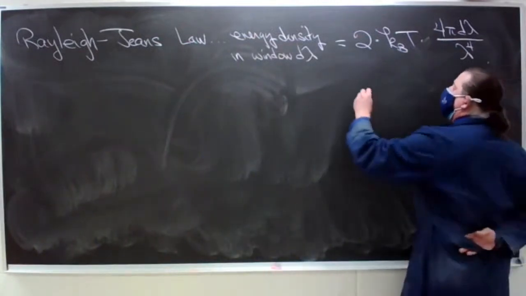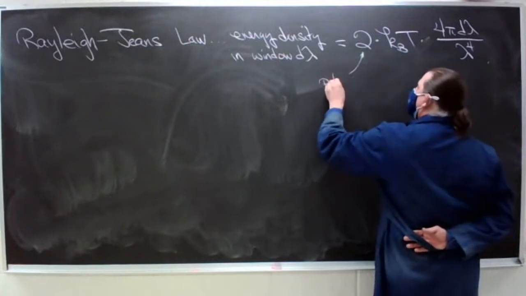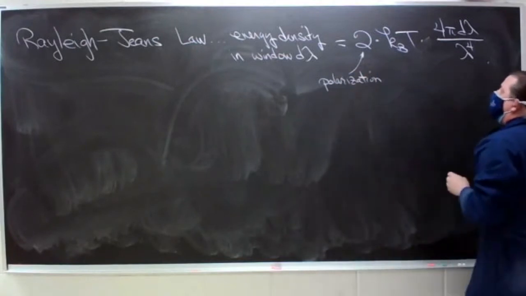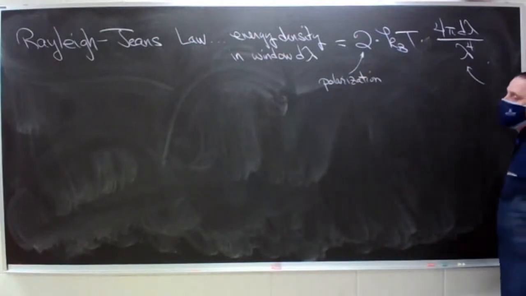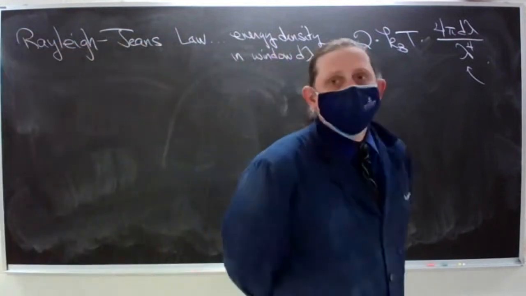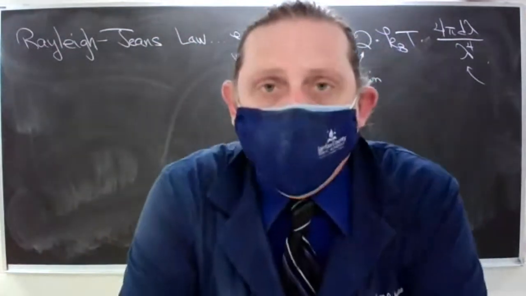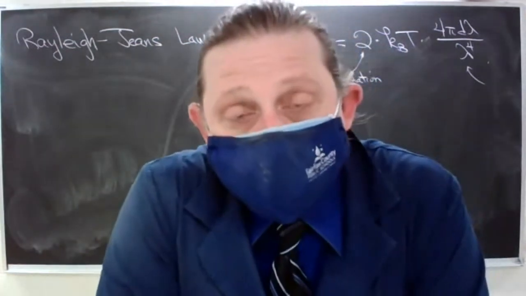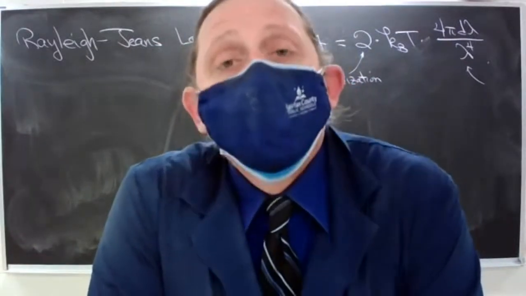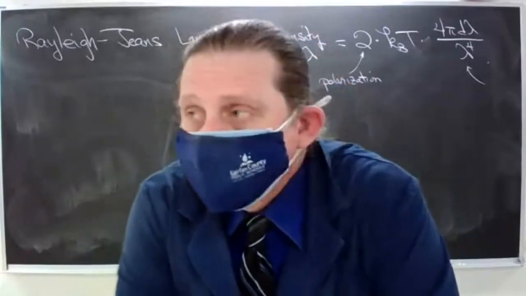We have a 2 for the polarization. 4 pi d lambda divided by lambda to the 4th gives us the state density. That's the number of states associated with electromagnetic waves with wavelength between lambda and lambda plus d lambda per unit volume. Okay?